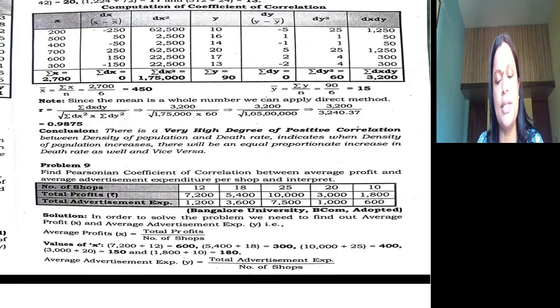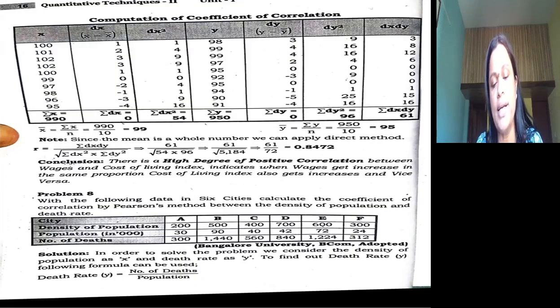So it's 300 by 30. Did you get my point? 300 by 30. In the same way, 1440 by 90, 560 by 40, 840 by 42, 1224 by 72, 312 by 24. You will arrive at the death rate.